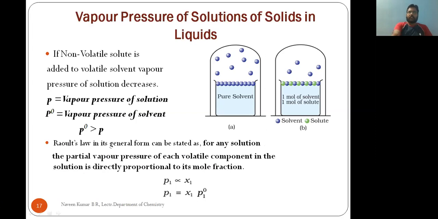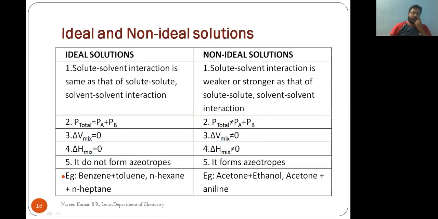With this, we'll try to classify the solutions as ideal solutions and non-ideal solutions. Based on the Raoult's law information, liquid solutions are classified into ideal and non-ideal solutions. What is an ideal and non-ideal solution? We'll try to understand with this slide in detail.